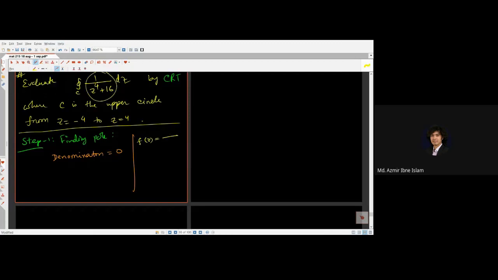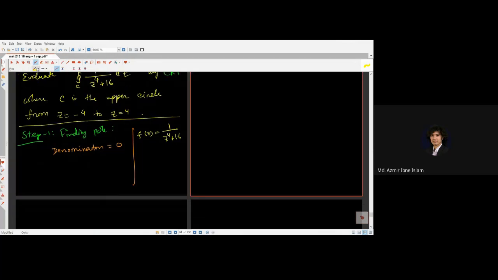So f(z) is this one, 1 over z to the power 4 plus 16. So here the denominator is z to the power 4 plus 16 equal to 0.